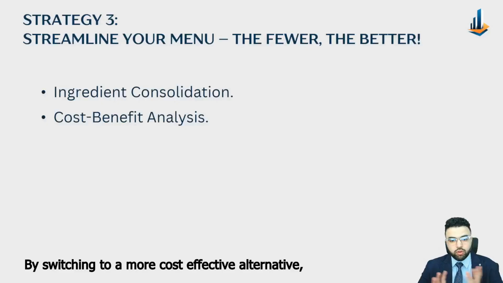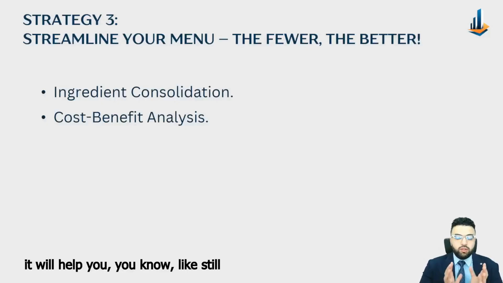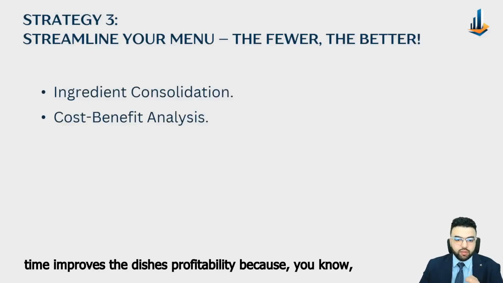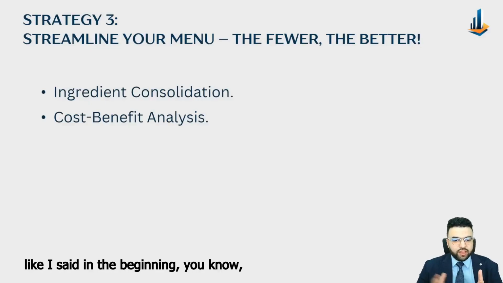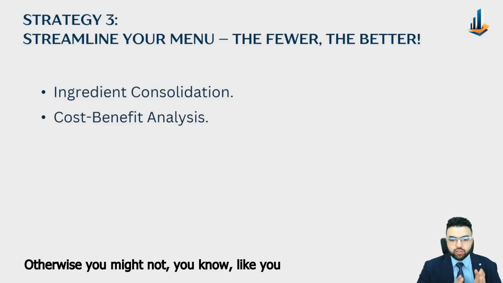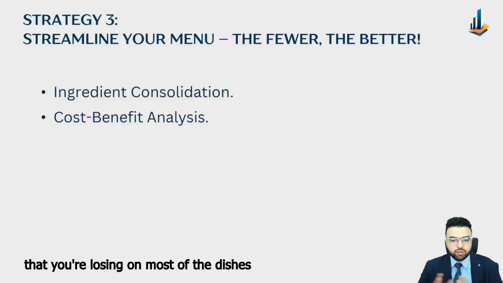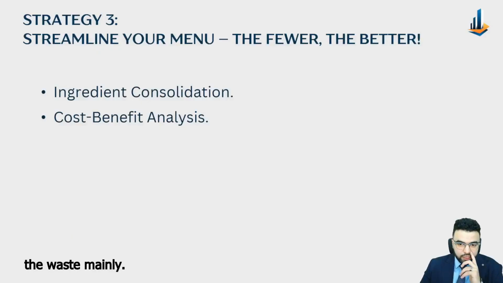Switching to a more cost-effective alternative helps you still deliver great flavor, but at the same time improves the dish's profitability. Because like I said in the beginning, if you're running on a very razor thin margin, you want to make sure that your cost is controlled. Otherwise, you would be shocked to find that you're losing on most of the dishes that you're delivering, mainly because of the waste.